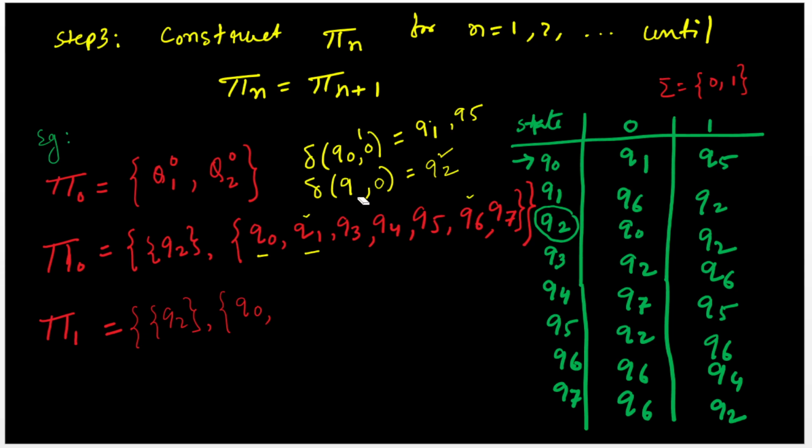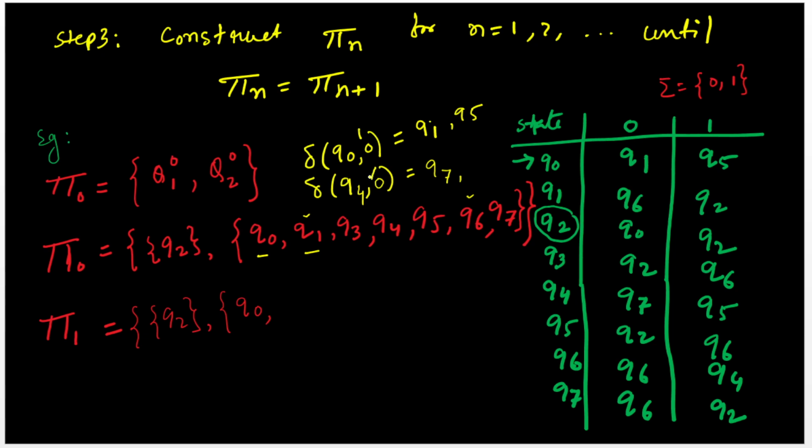Now for Q4, if we take 0, it will be Q7. Q1 and Q7 are in the same equivalence class, no problem.